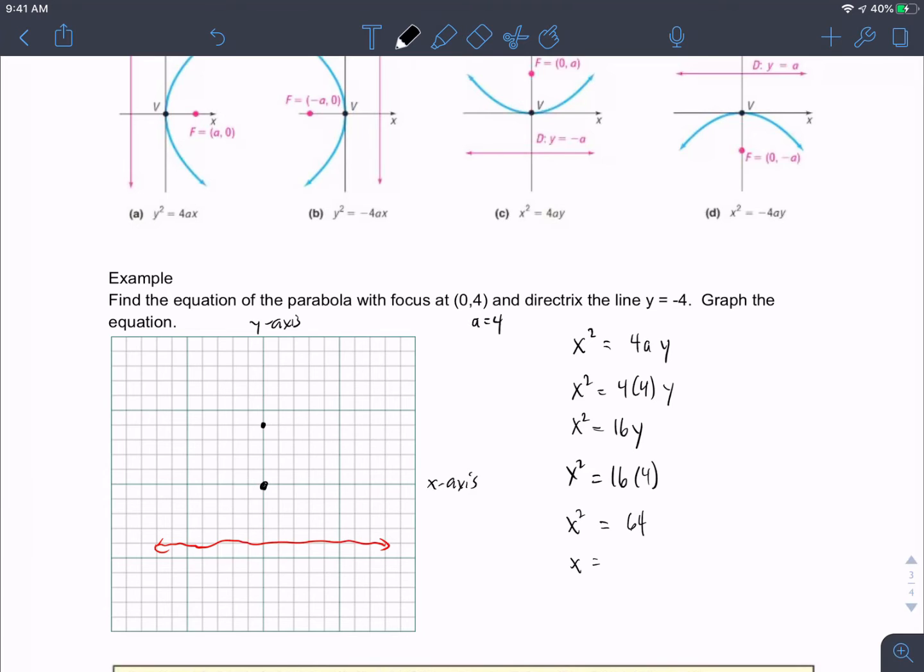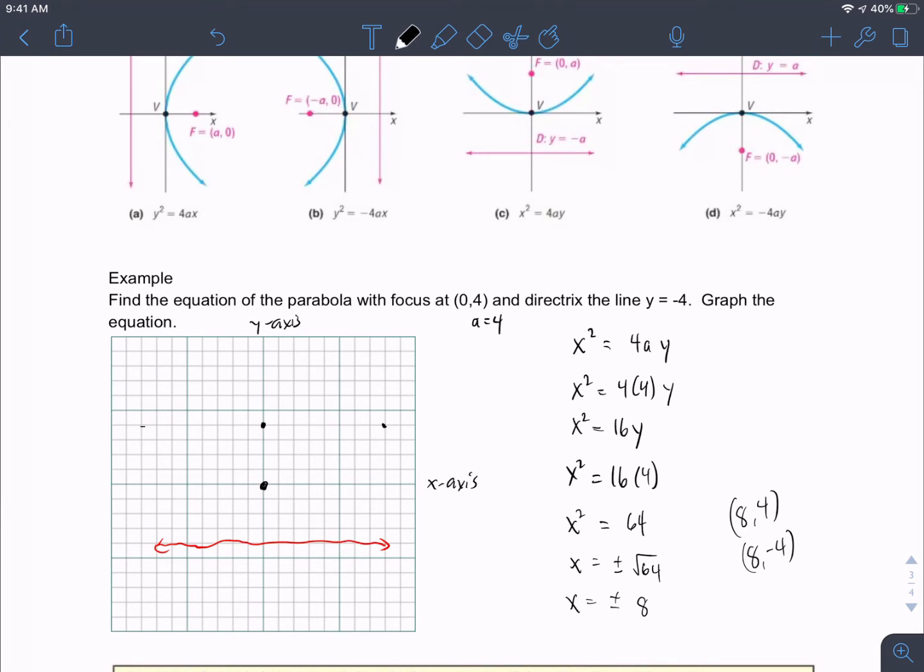And so x is equal to plus or minus the square root of 64. So x is equal to plus or minus 8. And so the points that we're going to have are 8 comma 4 and 8 comma negative 4. And so 8 comma 4 is right here, and 8 comma negative 4.